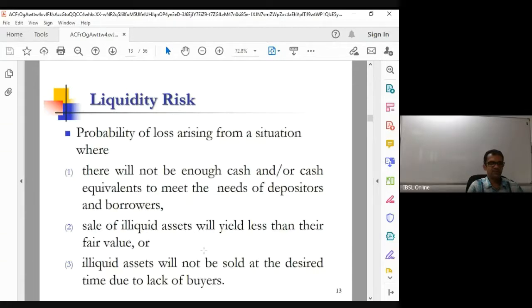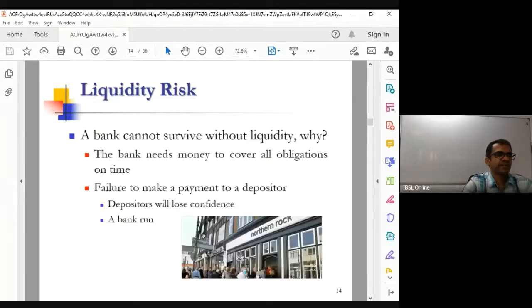That is also a problem. When that happens, your liquid position, ability to generate liquidity, goes down. Or the third one is some illiquid asset you may not be able to sell at all. Whenever you need funds, you may not be able to sell that illiquid asset. That may also give a financial institution a liquidity risk.